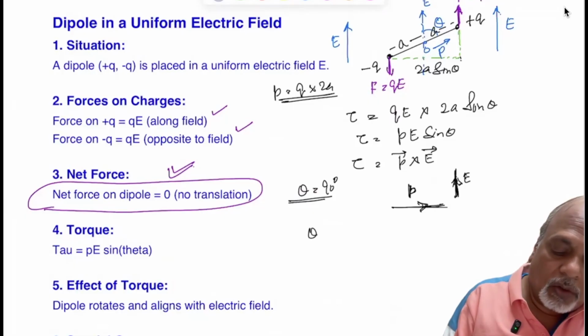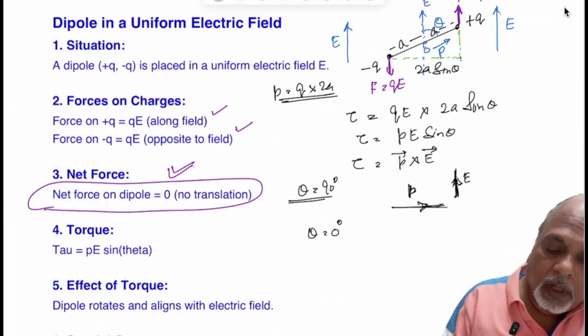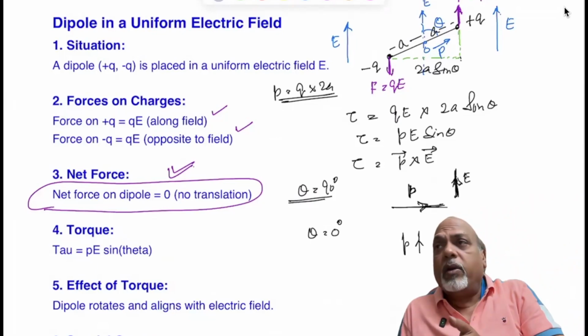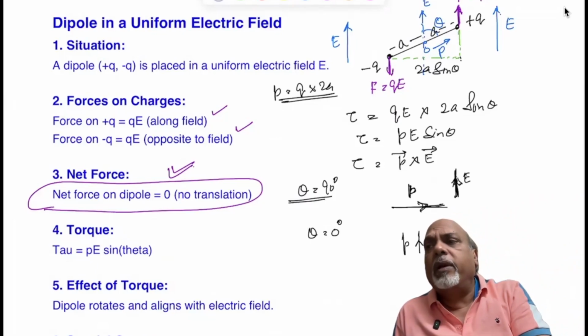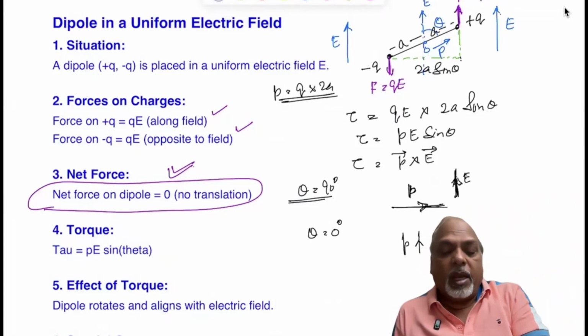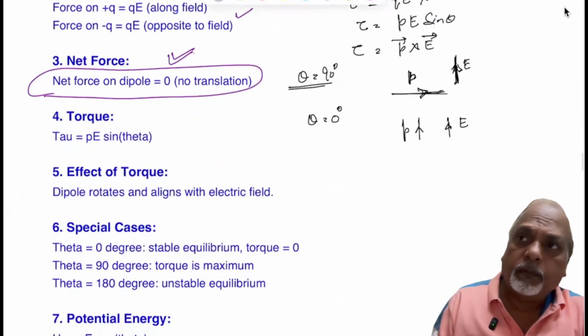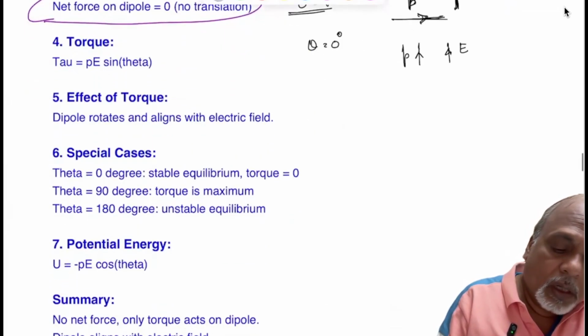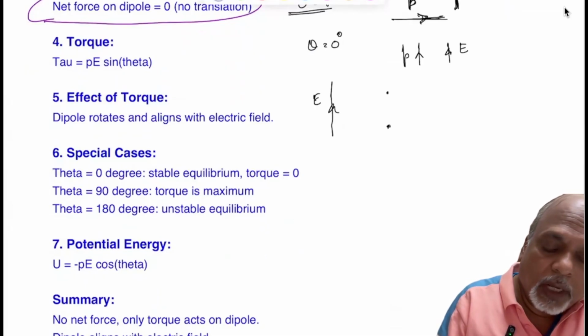And when theta is 0, means P is in the direction of the electric field, then when your dipole moment is aligned along the electric field, your torque will be 0. It will not experience any torque, because suppose electric field is like this and your dipole is like this.